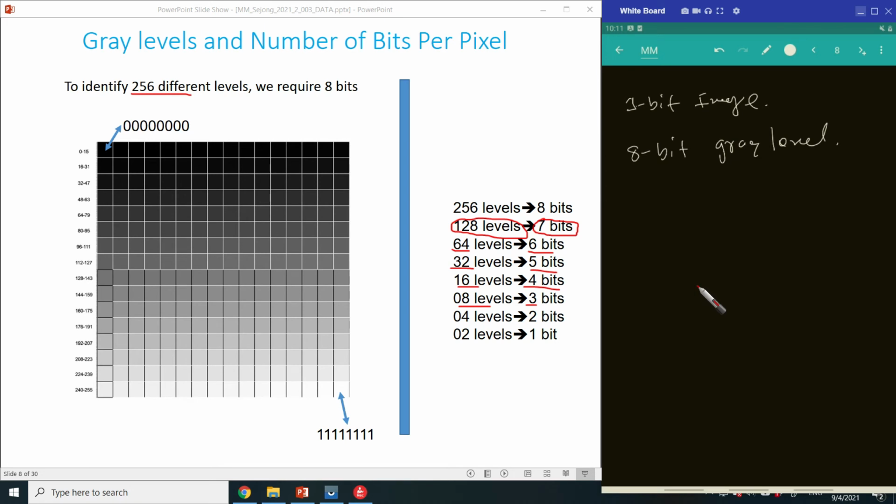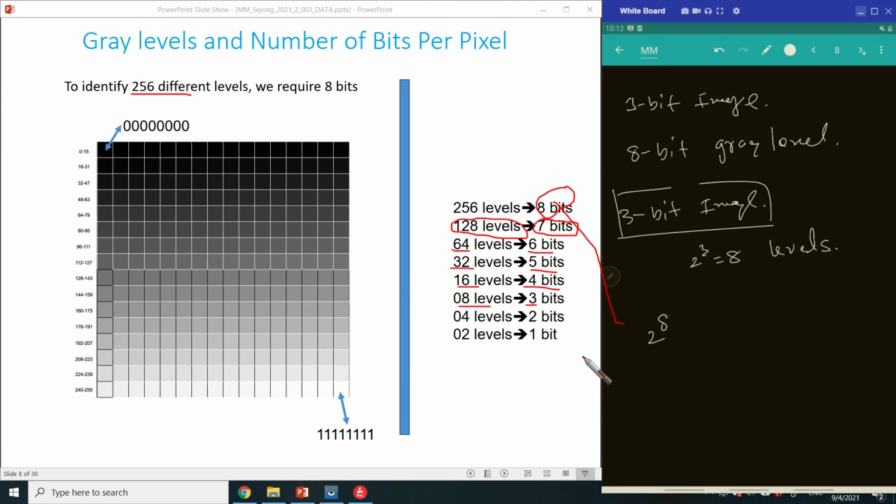So that means if we say 3-bit image, what does it mean? It means we are considering a gray level image that has 2 to the power 3, so 2 to the power 3 means 8 different gray levels. Similarly, 8-bit image, what does it mean?